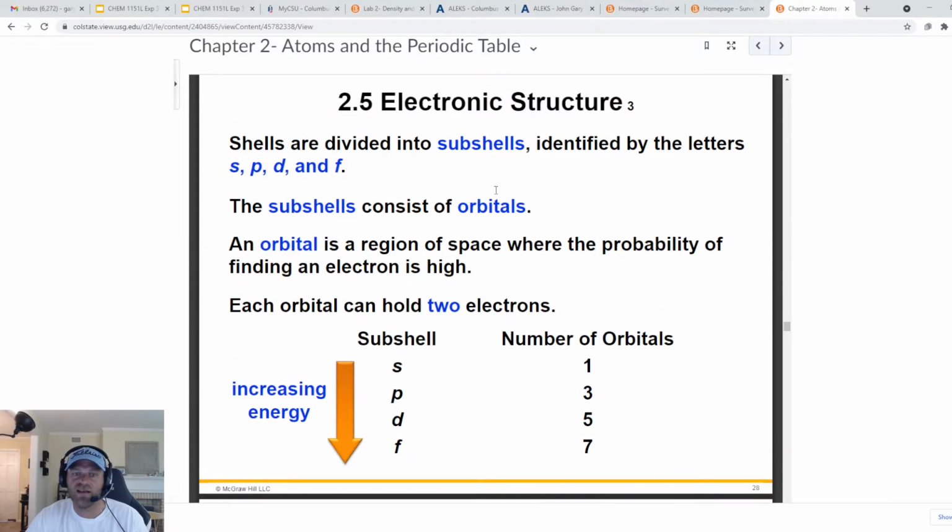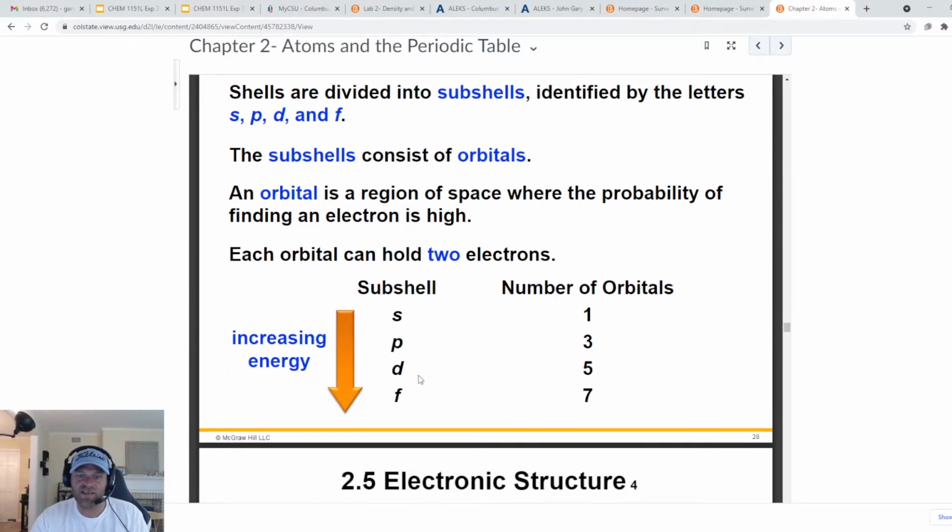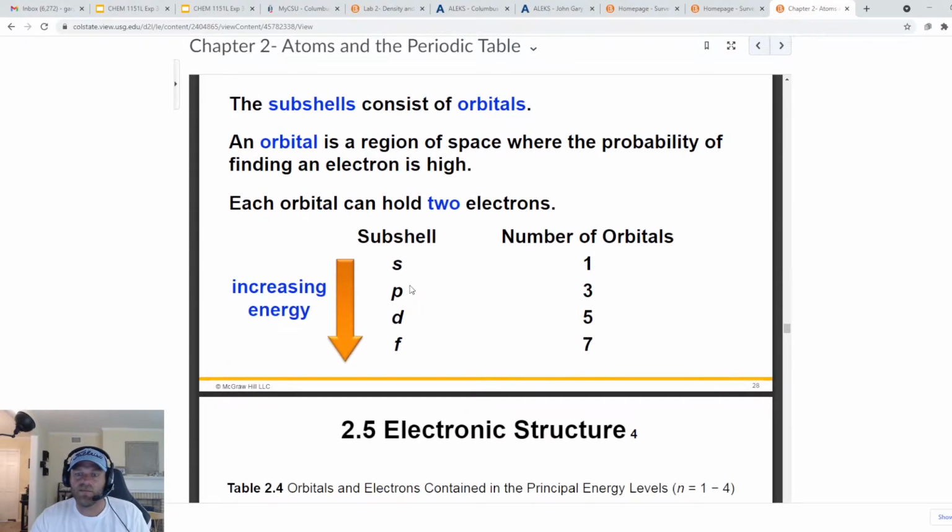And you'll see here that an electron subshell has a different number of orbitals. All right, we'll talk about an orbital here in a minute. An orbital is a region of space where the probability of finding an electron is high. Okay, that just means it's a ring, essentially. It's a pattern of rotation that we know as an orbit around the nucleus. All right, there are 4 different subshells, s, p, d, f, and each subshell can hold a different number of electrons, but it's the same concept.